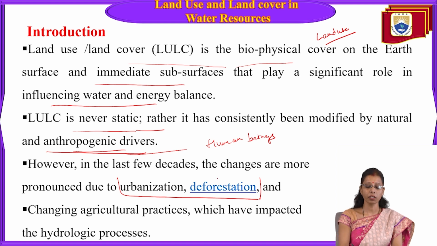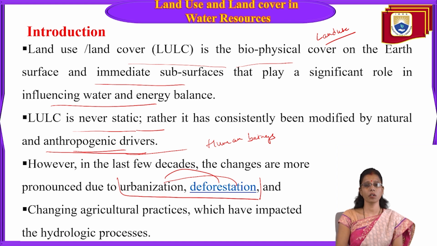So what is the link between urbanization and deforestation? Deforestation is linked directly with urbanization. How? When urbanization has to take place, the areas have to be totally cleared and converted for urban use.